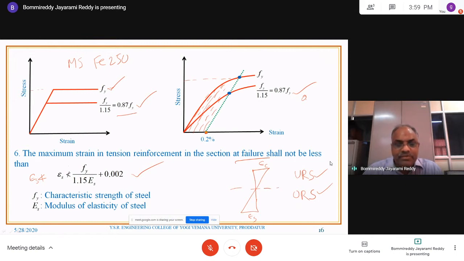And at the time of failure, because of more deformation, it will give advance warning before failure. So we can predict the structure is going to fail by means of some deformation.